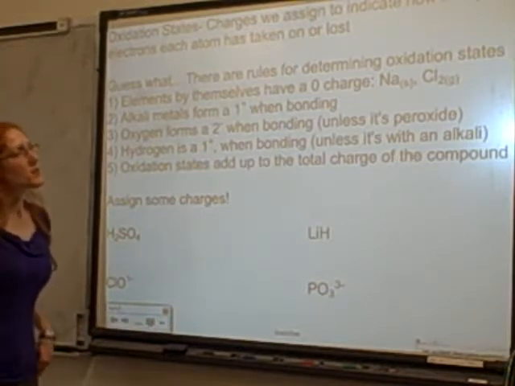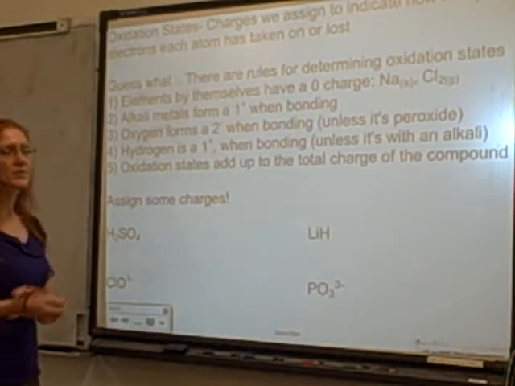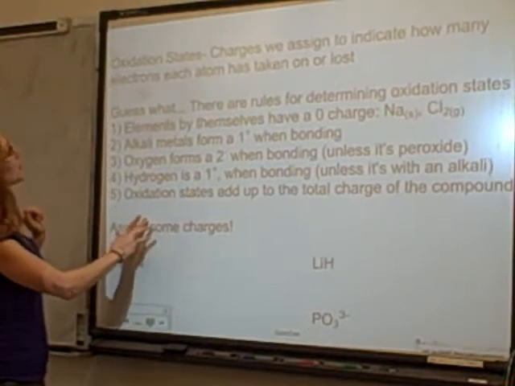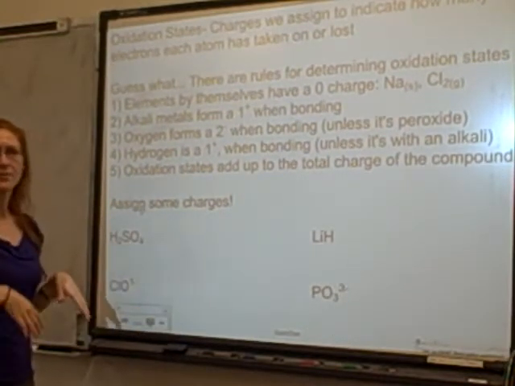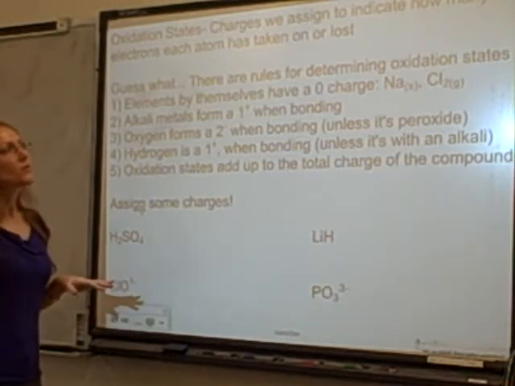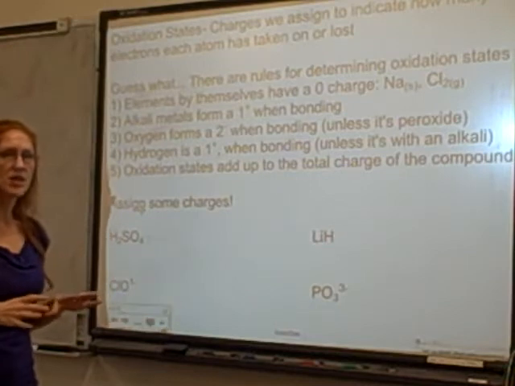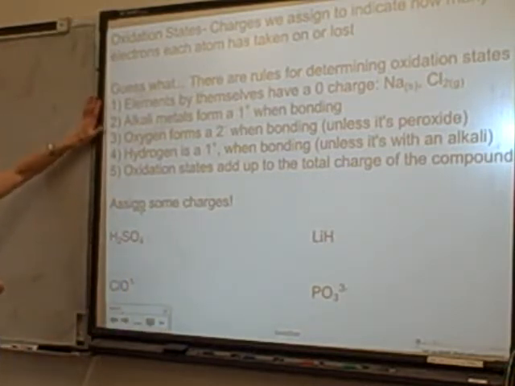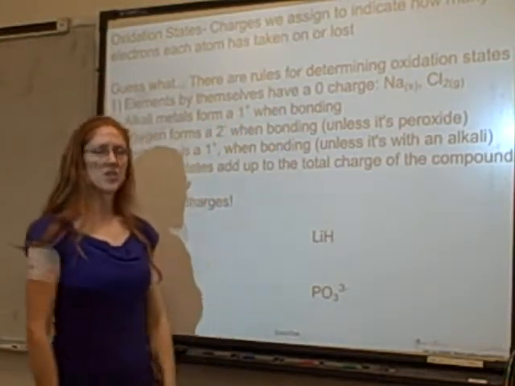But there are going to be a few charges that end up being weird. We're used to looking at the periodic table and saying that the first column should be a +1, the second column should be a +2, the halogens should be a -1. When we look at oxidation states in electrochemistry, we'll see some sharing that leads to weird charges. So we need rules. The first rule: whenever something's by itself, it has a charge of 0.